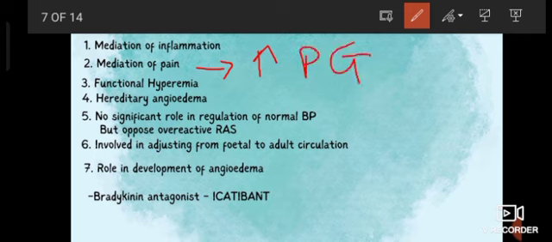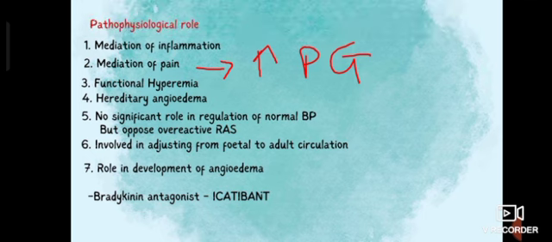Also, it has a role in functional hyperemia and hereditary angioedema. It has no significant role in regulation of normal blood pressure, but it opposes overactive RAS. It is involved in adjusting from fetal to adult circulation. Bradykinin antagonist is icatibant.